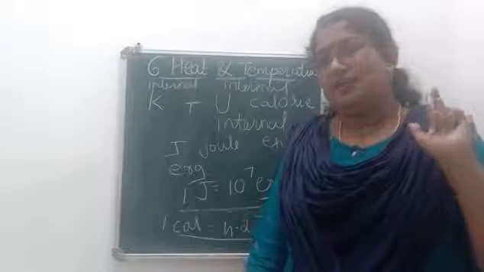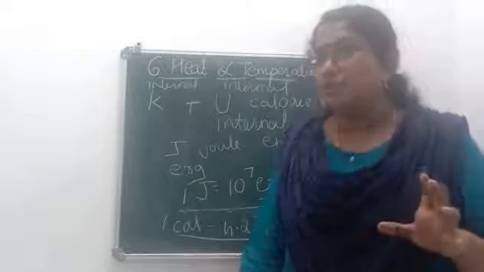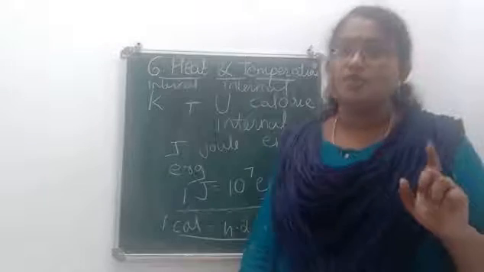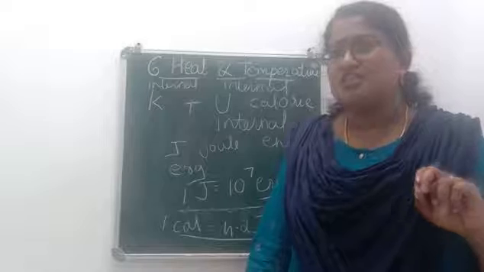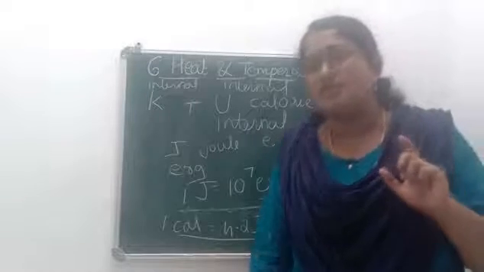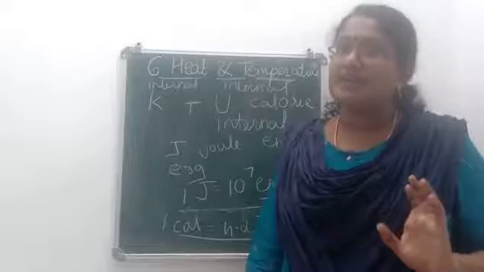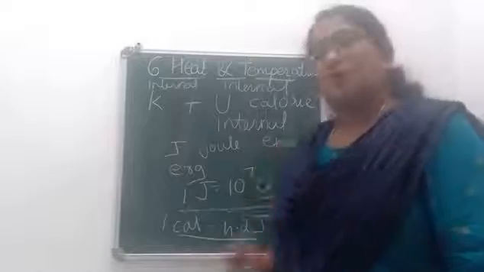Then next one, total internal energy of the molecules. Then speaking about the units, SI unit is joule, CGS unit is erg. Then the relation connecting SI and CGS is 1 joule is equal to 10 raised to 7 erg. But the most commonly used unit for heat is calorie. 1 calorie is equal to 4.2 joule.